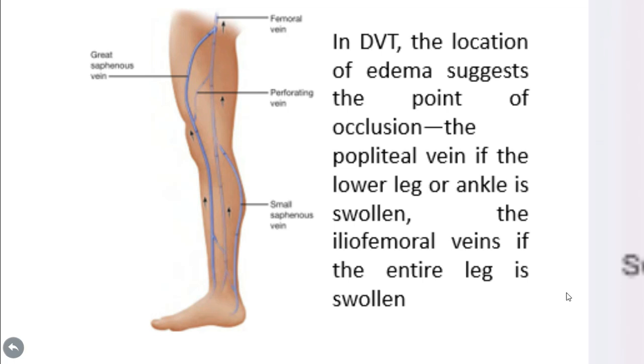If only the lower leg or ankle is swollen, it is probably the popliteal vein. If the entire leg is swollen, you think of the iliofemoral vein.